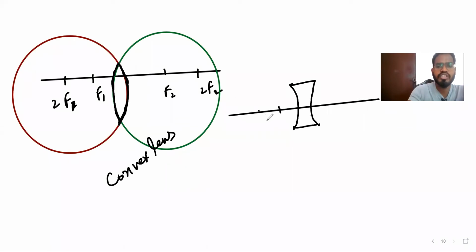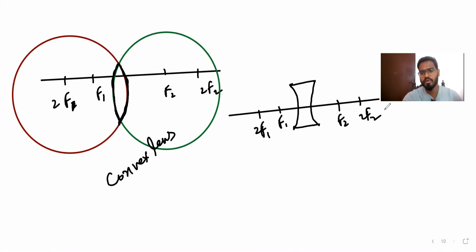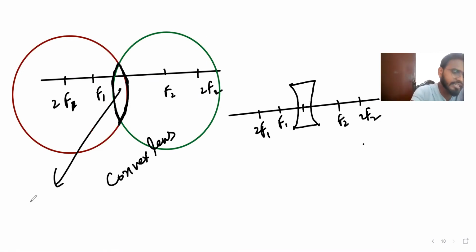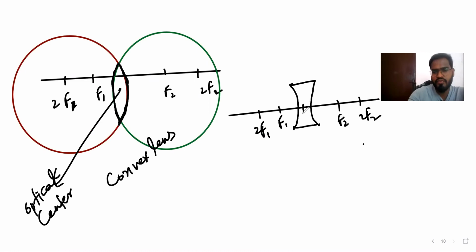Yes, so same thing, f1, 2f1, f2, 2f2. The same notations are there. This here is what? Optical center. This you should know. There it was pole, here it is optical center. The center of a lens is known as what? Optical center.